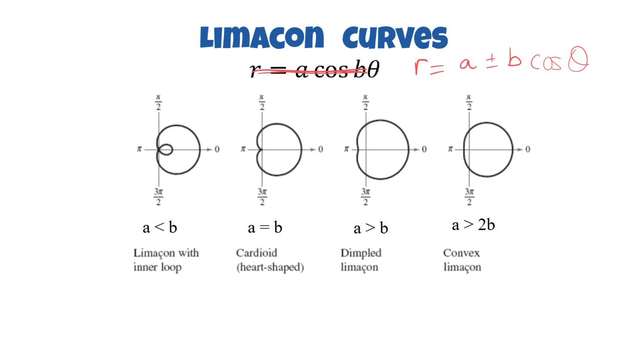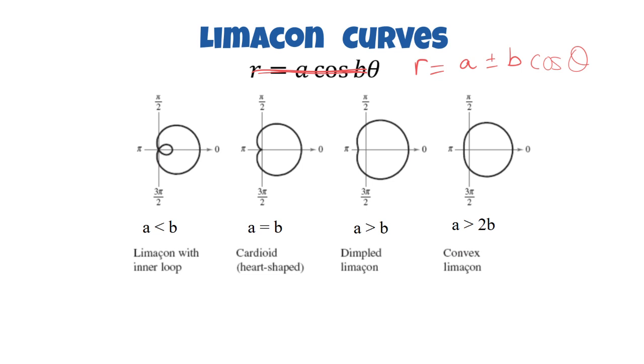Okay. So what we discovered, though, is that as this relationship between A and B changed, the little loop started to change in here. So if we want to have the little loop, then your A value has to be smaller than your B value. So looking at these two values here, if A is smaller than B, then you're going to have this little loop in here.